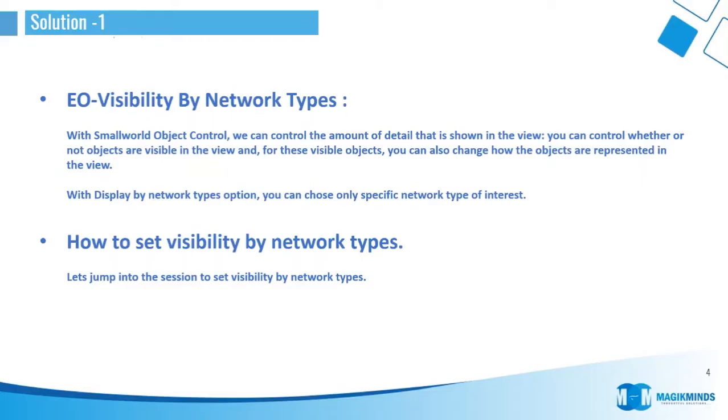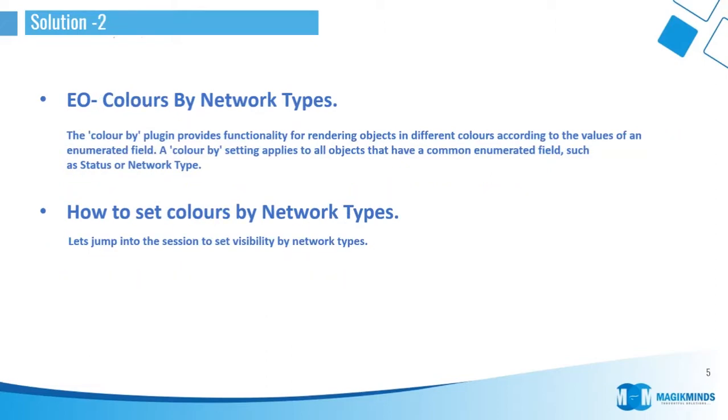We have seen solution 1 now, so let us jump to solution 2. Solution 2, color by the network types. There is a functionality called color by clusters, which means it's like a few parameters. By using this functionality, which is available in Electric Office, you can directly set certain additional styles on top of the existing GIS styles.